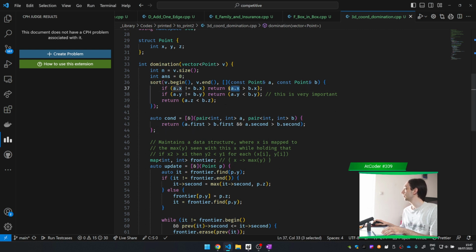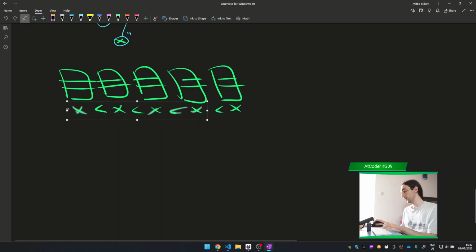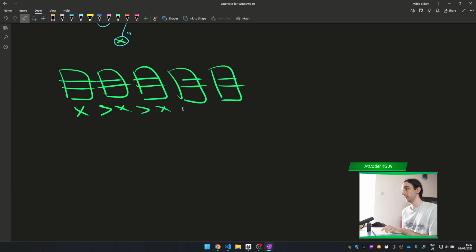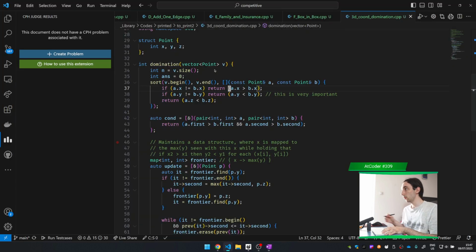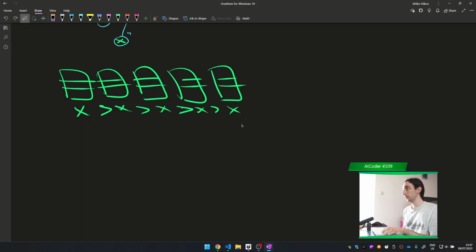they're sorted. Yeah, they're sorted the other way around. My mistake. They're sorted like this by x coordinate. So I will talk a little bit after that about shuffling the coordinates.